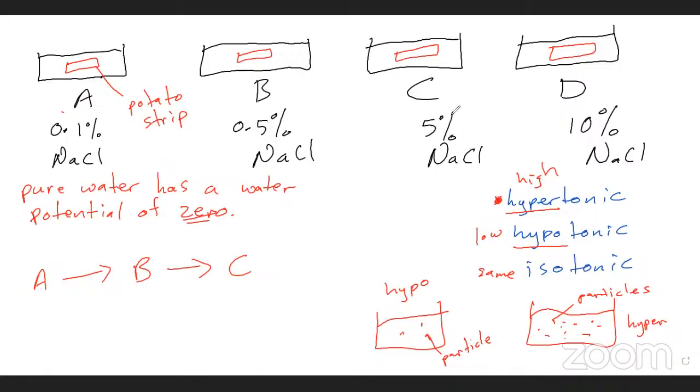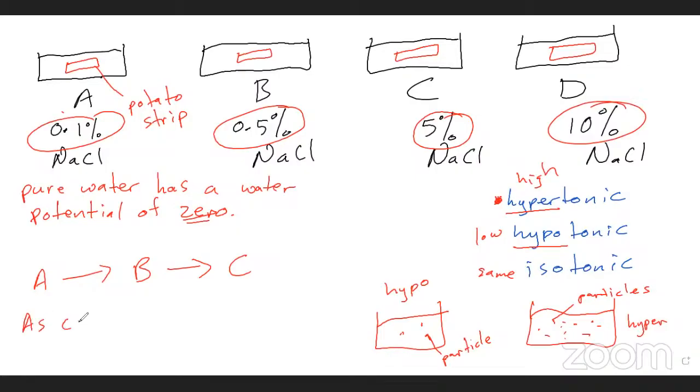Well, once you're looking at the concentration, 5%, 10%, once you increase the concentration, what happens to the water potential? It decreases. That is correct. So it's an inverse relationship. So as concentration increases, what happens to water potential? It decreases.